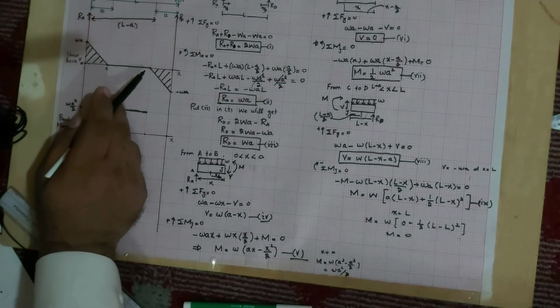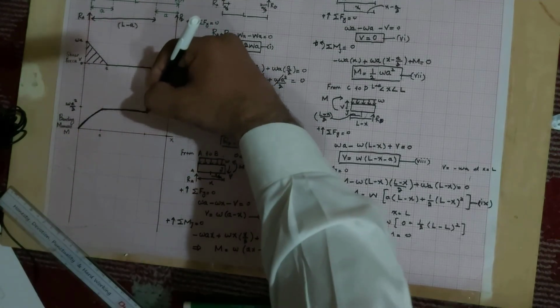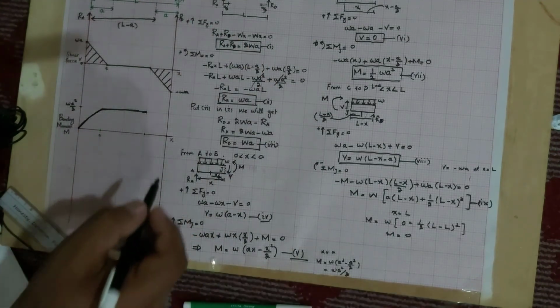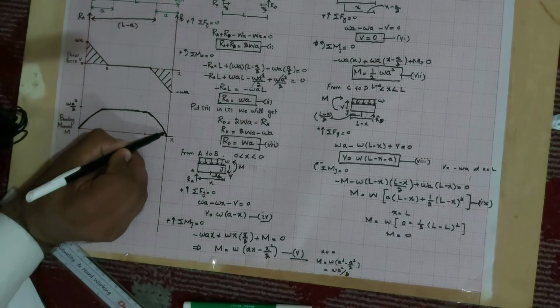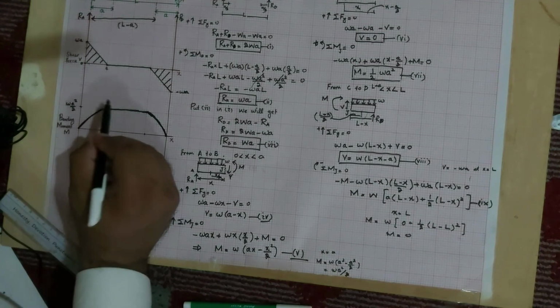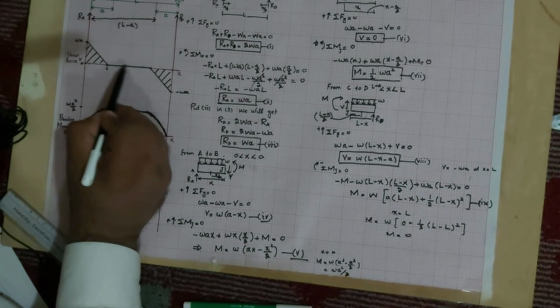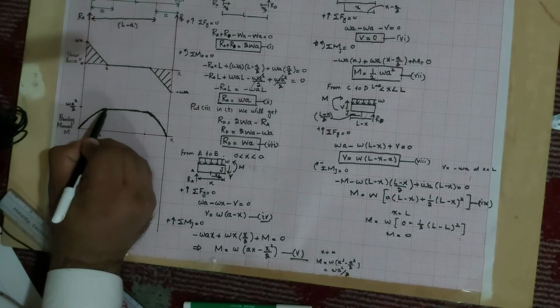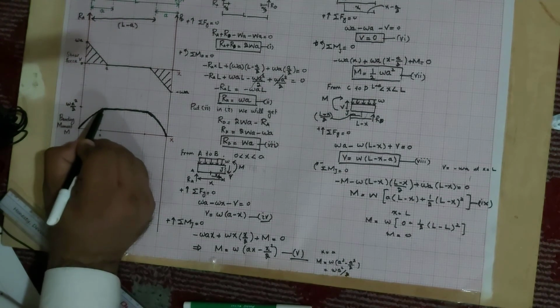Again you can see that the bending moment equation is a second-degree equation, so it will again be a curve type, not a straight line. So you can see that the shear force is 0 at this point, and at this point the maximum bending moment is WA square over 2.